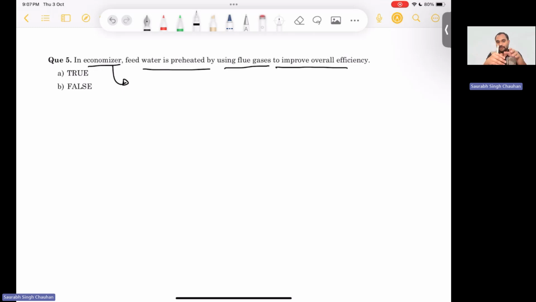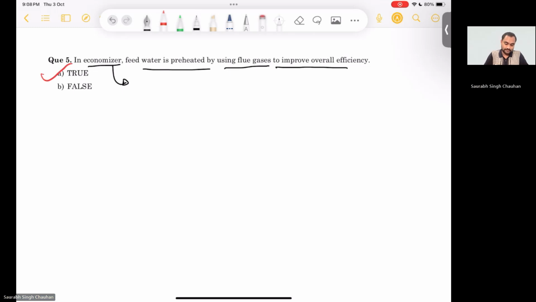How? Because first of all, the heat addition in the boiler will take place at an elevated temperature, because you have preheated the feed water. Instead of wasting the heat of flue gases, you are utilizing that heat, and this is done with the help of an economizer. So this statement is true.